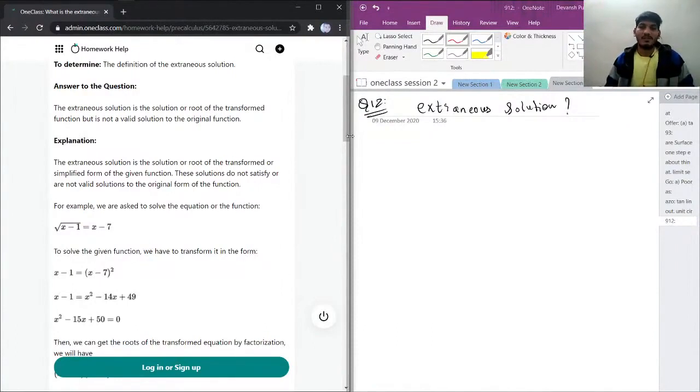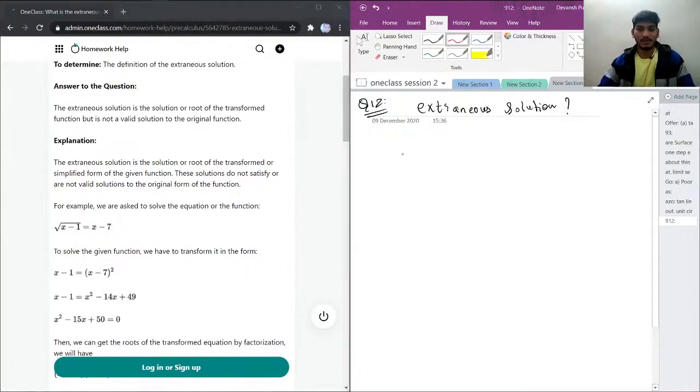And when I put the value from the other domain back into my original equation, it is not going to satisfy the equation. This sounds kind of confusing, but I'll tell you with one example.